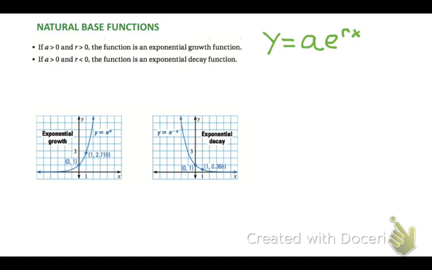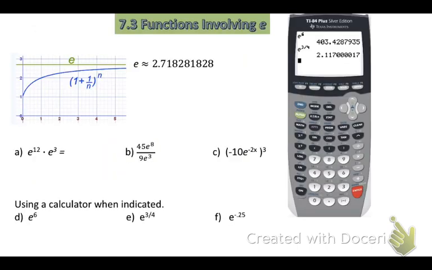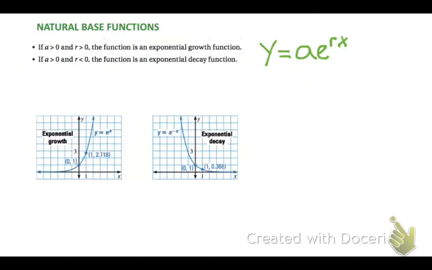Here we have some graphs, our natural base functions. All right, let's try this again. So we have a is greater than 0 and r is greater than 0. So here's our a and our r. Then we know it's a growth function, exponential growth.